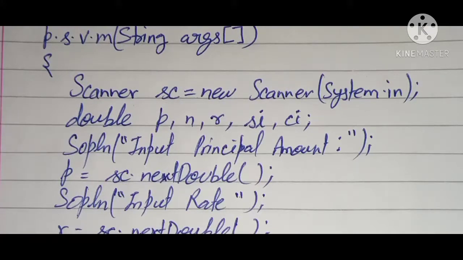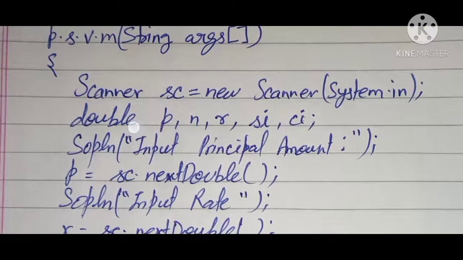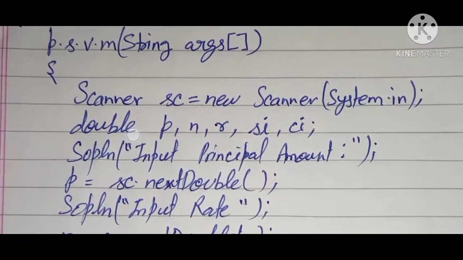After that we have to store our P, N and R, and also we have to calculate, and after calculation there is need to store the result. So I have declared my variables. Here you can see I have written double data type, because we have to calculate a division operation, and if we perform a division operation, then it may be possible that the result will be in decimal form.